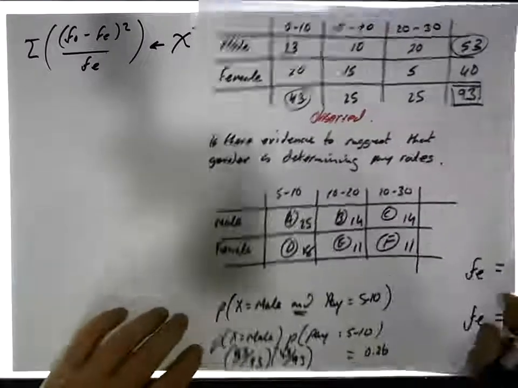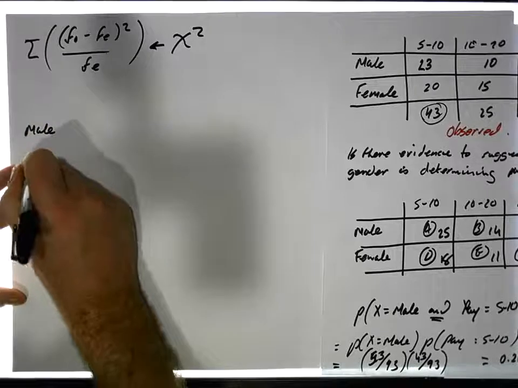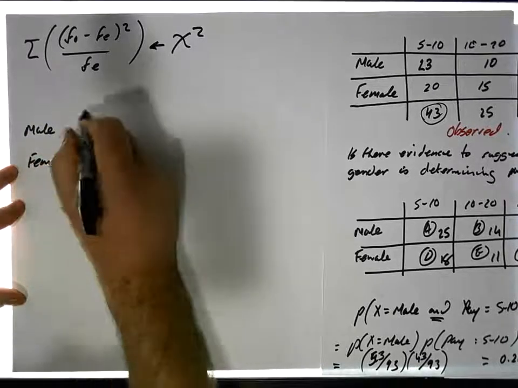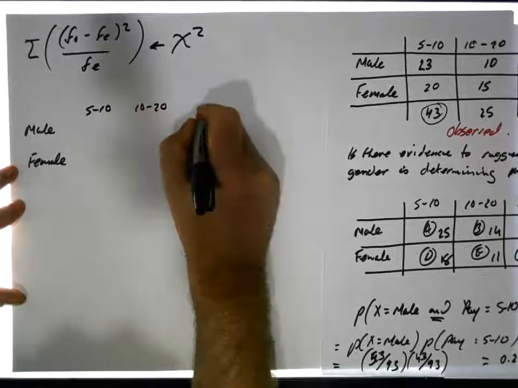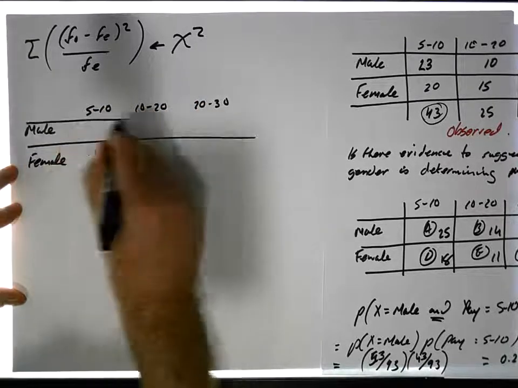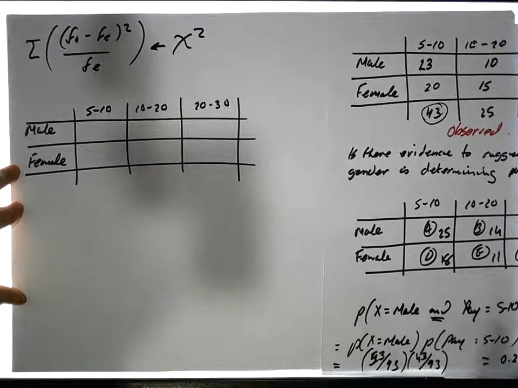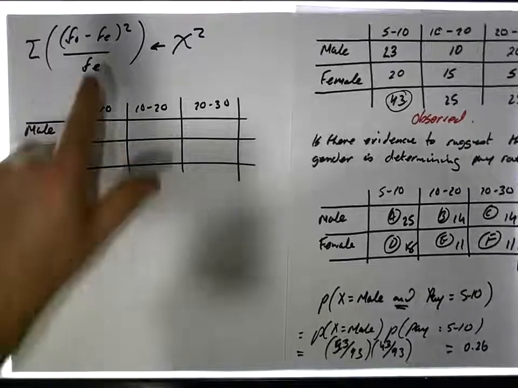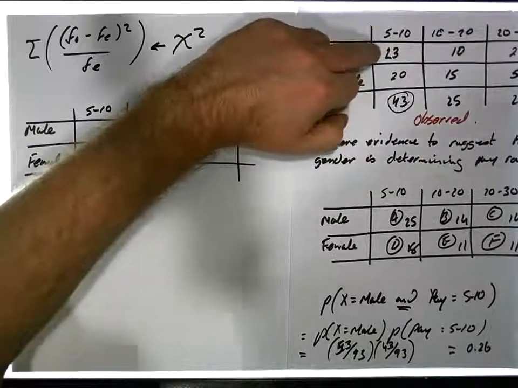So let's do our new table. In our new table, we have males, we have females, we have 5 to 10, we have 10 to 20, we have 20 to 30. What I'm going to do now is calculate this value for each one of these particular observed.